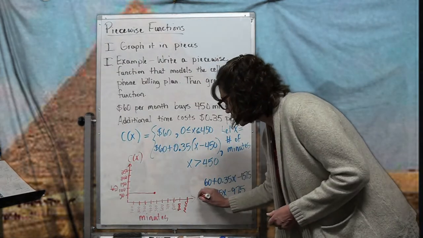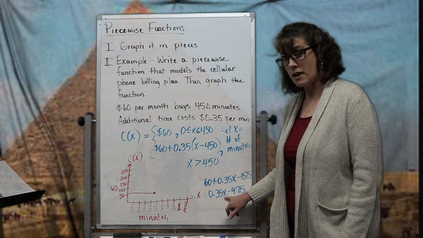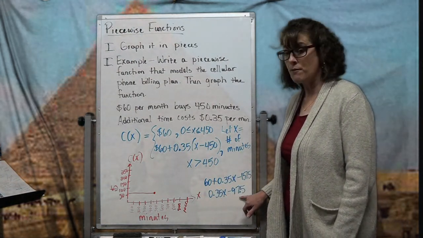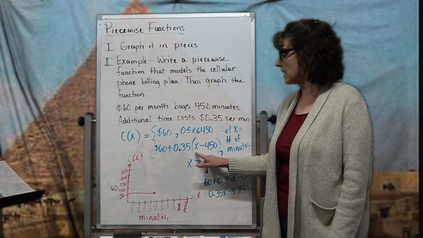So let's call my x 1,000 and put 1,000 right in there. Then I would take 0.35 times 1,000 minus 97.5, or if you would prefer, I can put my 1,000 right in here.